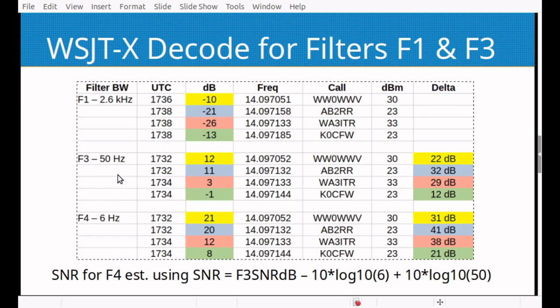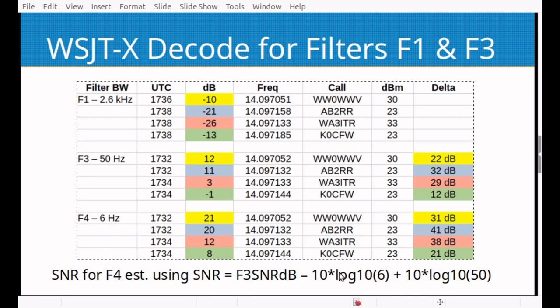Now my ICOM 7600 wouldn't let me build a 6 hertz filter, but we can do a computation to extrapolate what a 6 hertz filter would have measured had it been used in this experiment.